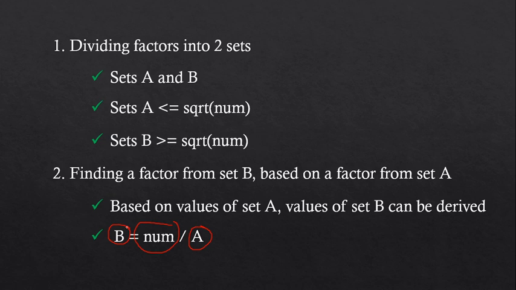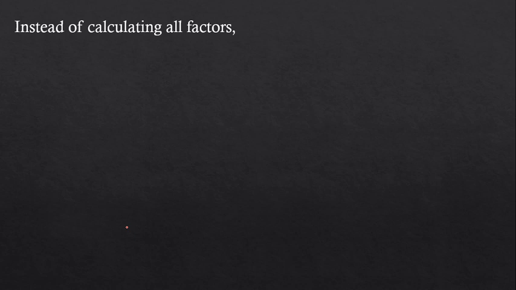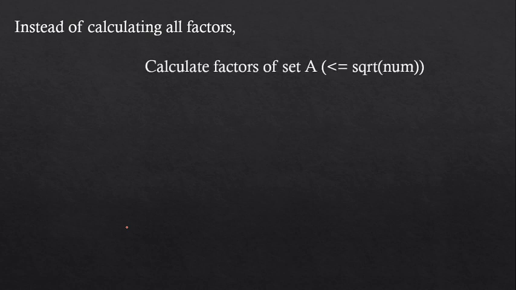Okay. So what is the algorithm you can use here? You need not calculate all the factors. From this we know that instead of calculating all factors, what can you do? You can calculate factors of set A. Right. Instead of finding out all the factors, find the factors of set A. Store it in an array.